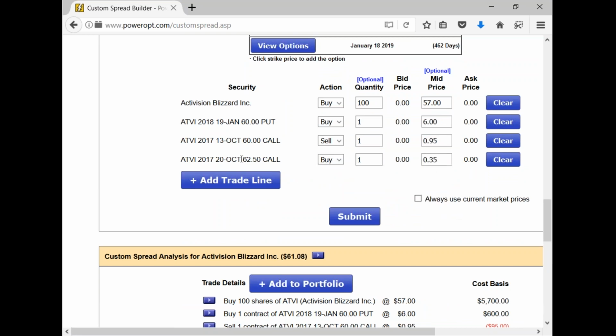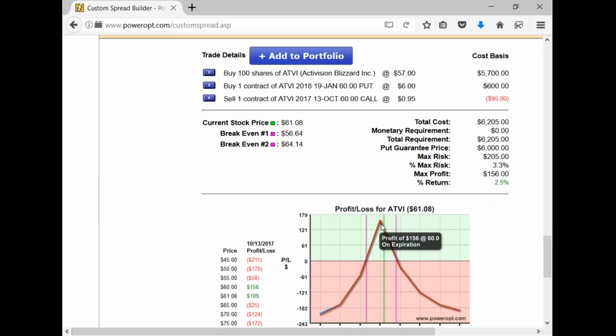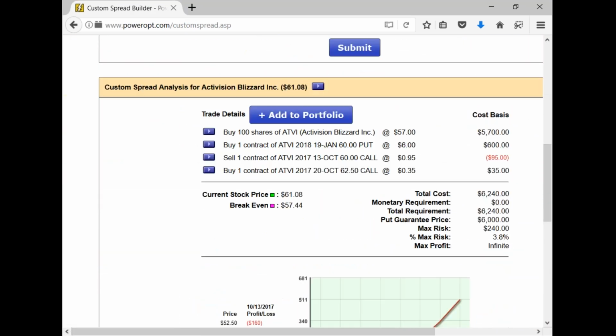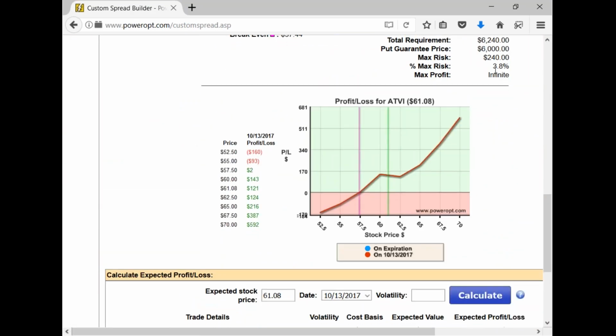Now what this does, of course, it's going to take my premium of 95 cents down to only 65 cents against the position. But unlike just selling a call, which caps the upside, now I have an extra long call on the position, so it still gives me infinite upside, and the risk is down to 3.8%.